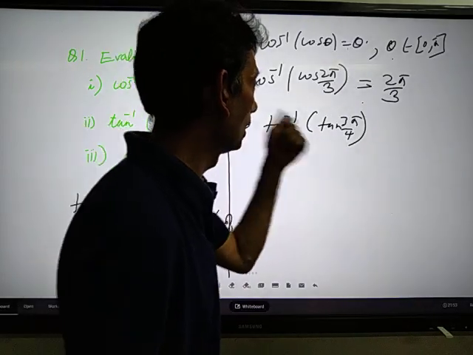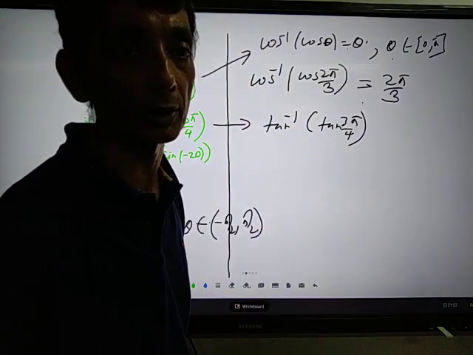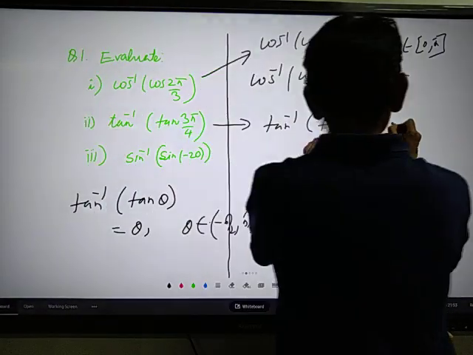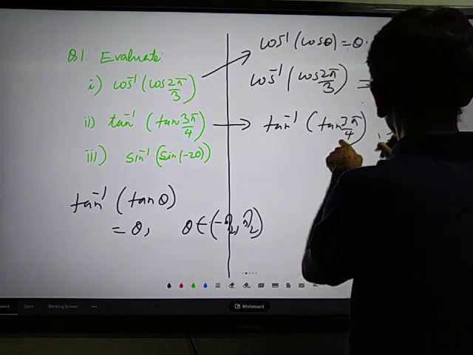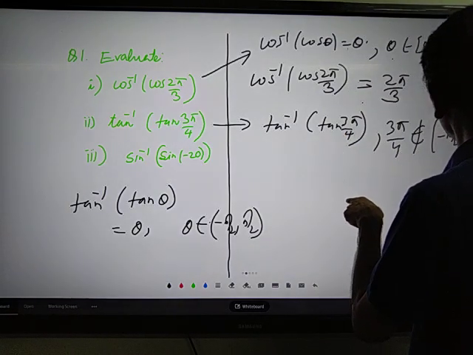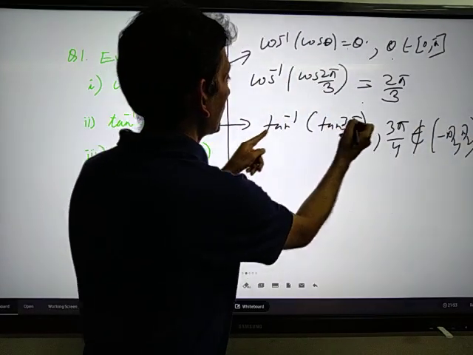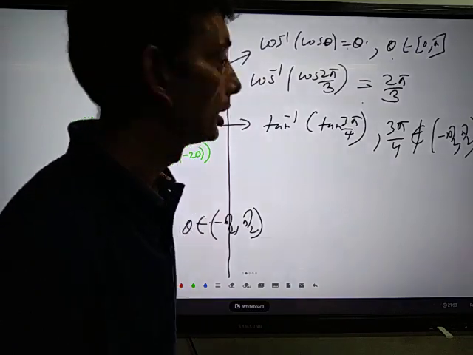Now the question is whether 3 pi by 4 lies between minus pi by 2 and pi by 2 or not. 3 pi by 4 does not lie there. Therefore tan inverse tan 3 pi by 4 is not equal to 3 pi by 4.